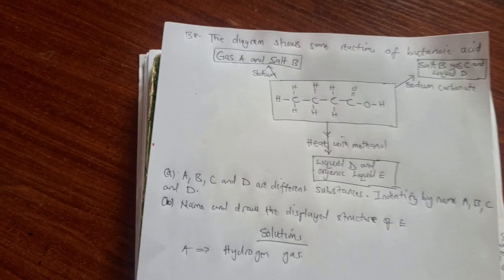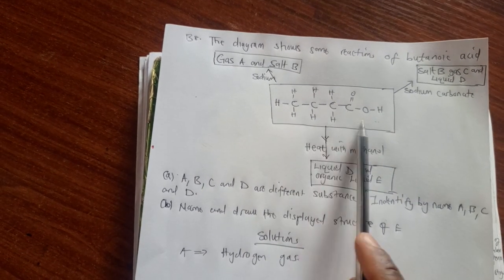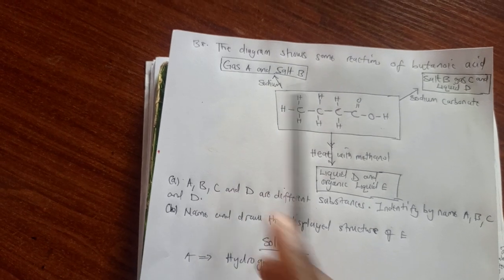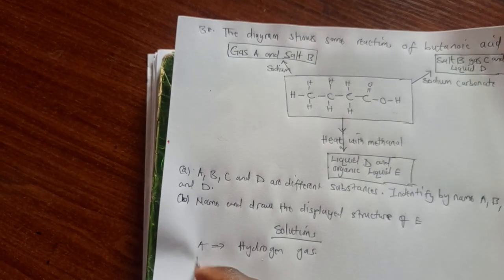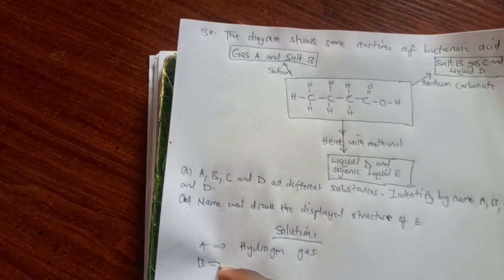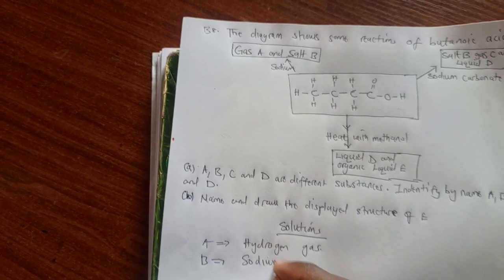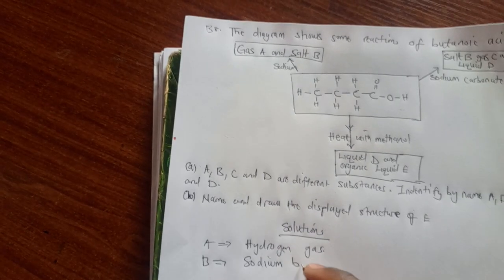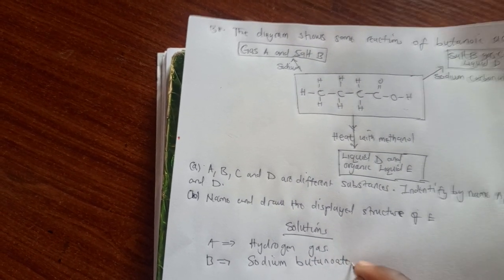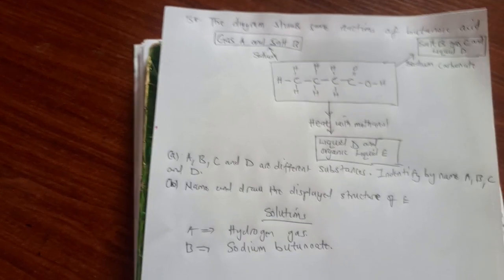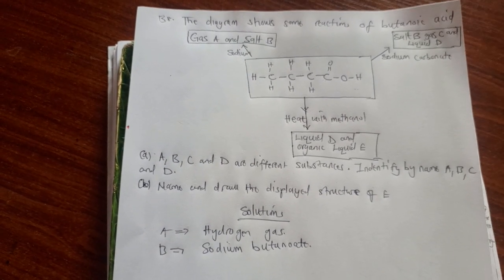Since this butanoic acid reacts with sodium, salt B will be sodium butanoate.